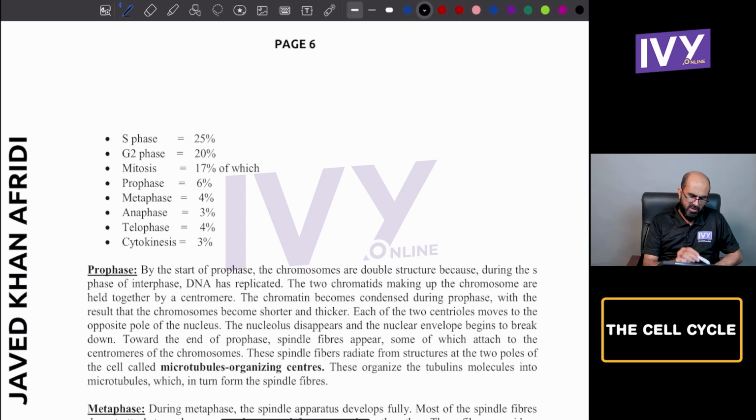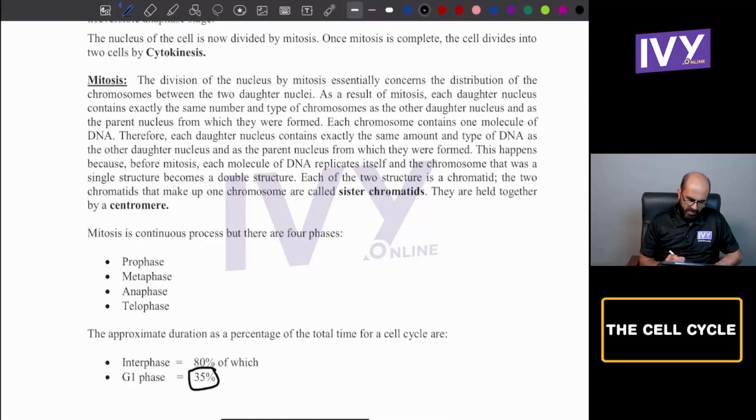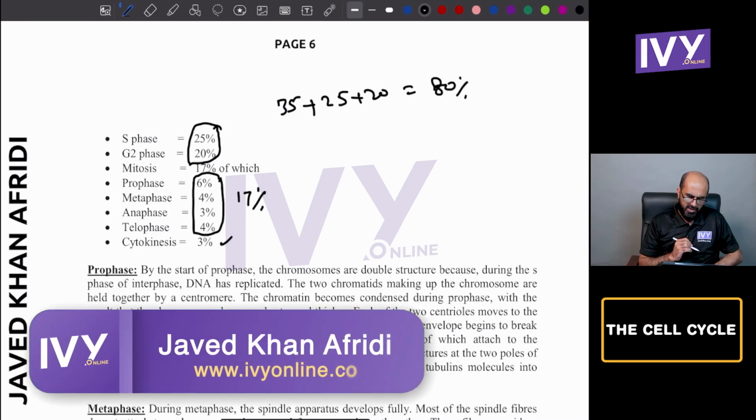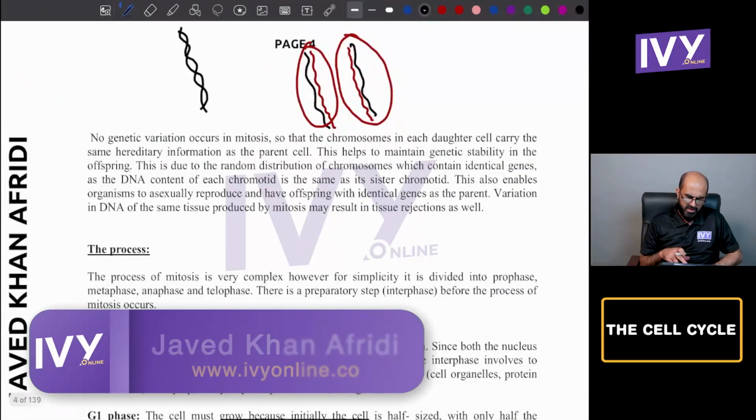If you count these, they make 17%. And 35 plus 25 plus 20 makes 80%. And of course, this is the remaining 3%. These are the contributions to the entire process.